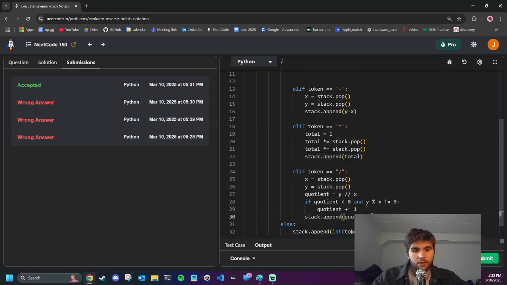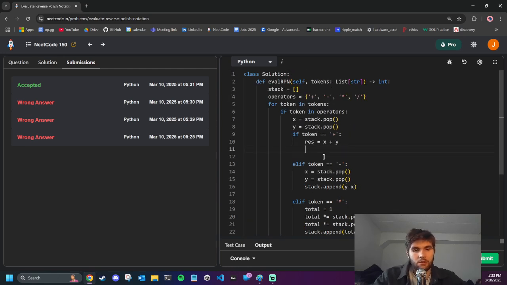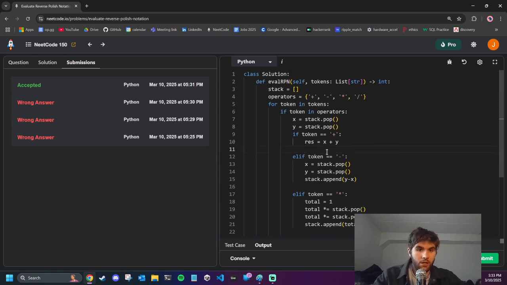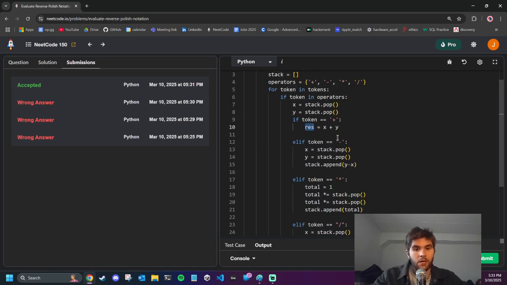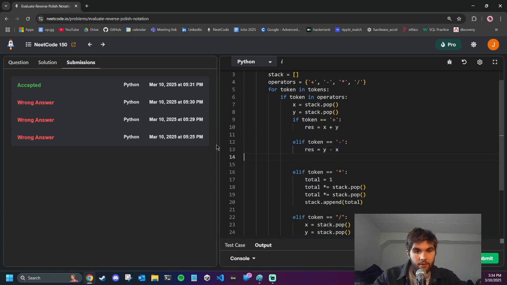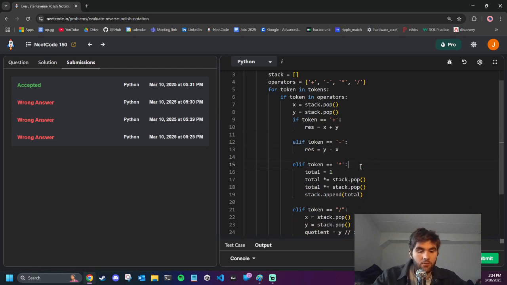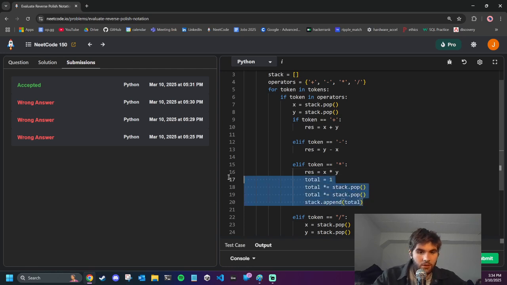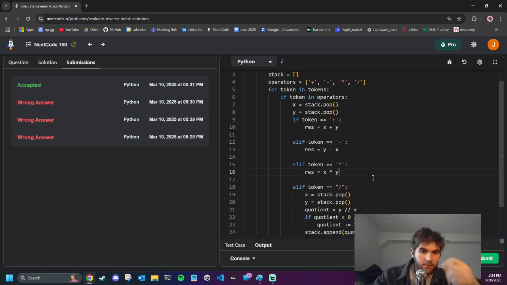Each if statement generates a variable called result, because each one pops twice and does something. So here we could do y minus x. Here we can say result equals x times y. That gets rid of a lot of code.